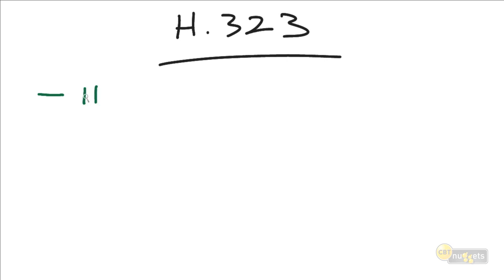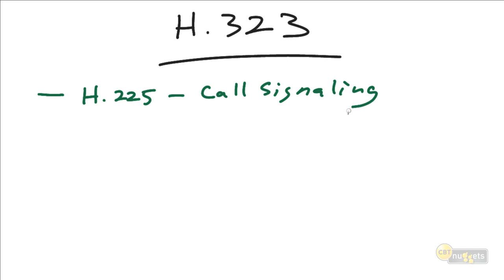For instance, a substandard within it is H.225, and this defines and spells out call signaling that we should have in a voice over IP network. There's H.245, and this spells out capability negotiation and media stream management facilities.